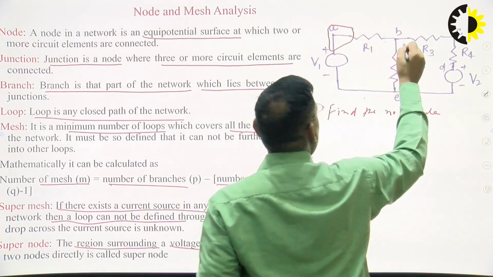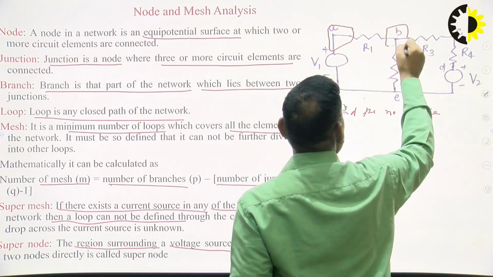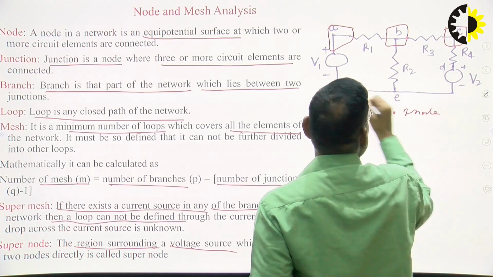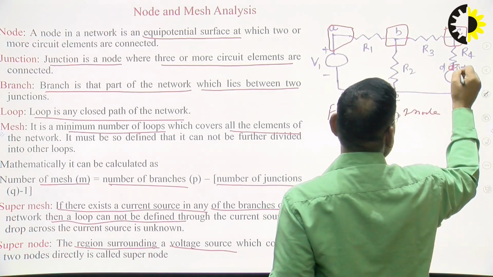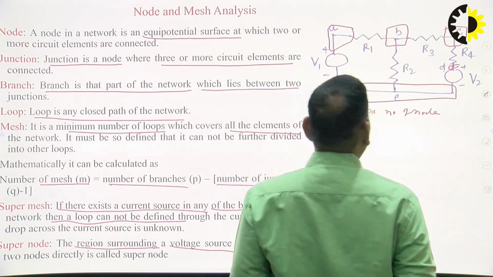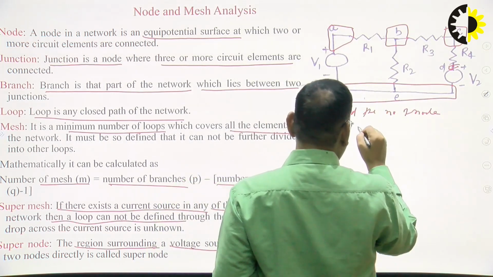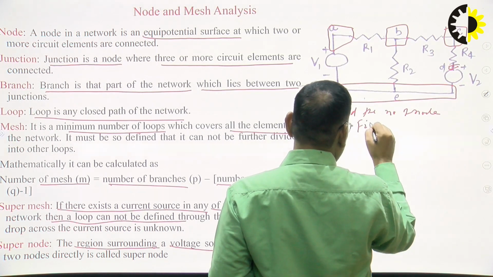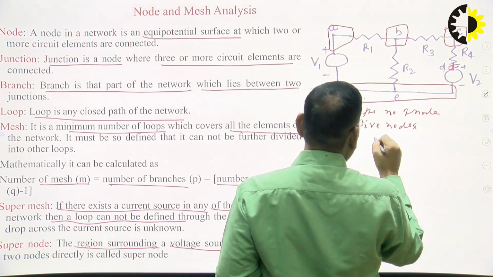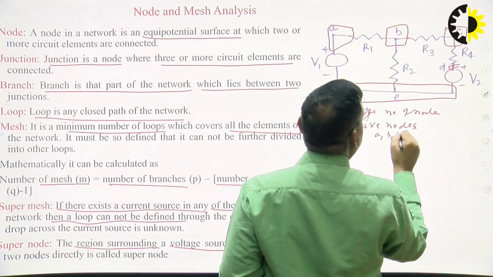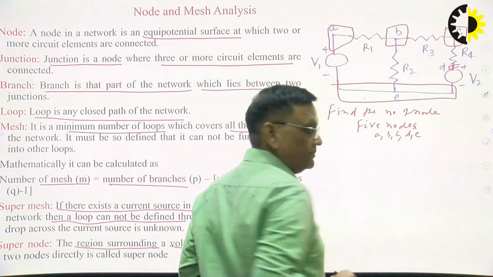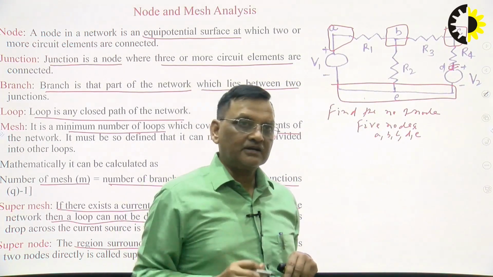So this is one node, this is another node, and this is another node. Basically there are 5 nodes, A, B, C, D and E. So there are 5 nodes in this given example.